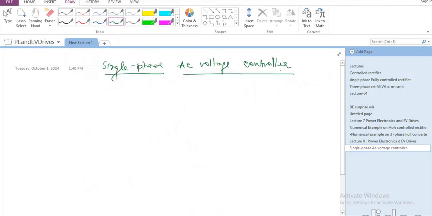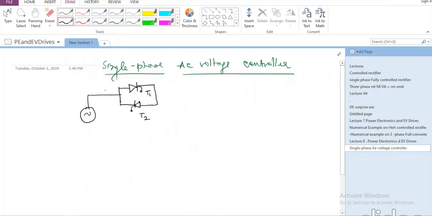In a single phase AC voltage controller, you have an AC voltage whose magnitude needs to be varied before being applied to the load. So you are going to have two thyristors connected somewhat like this. This is how they are going to be connected. Let me call this T1 and this T2.